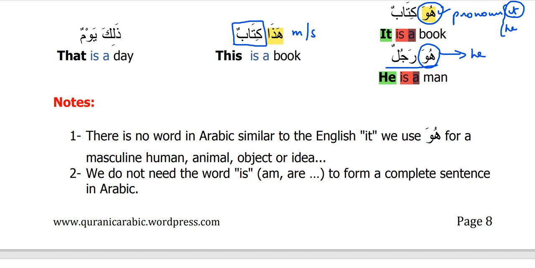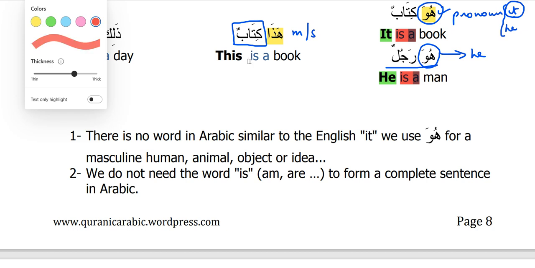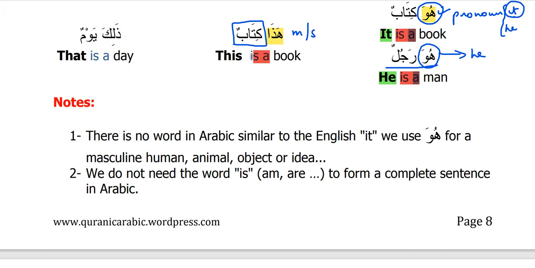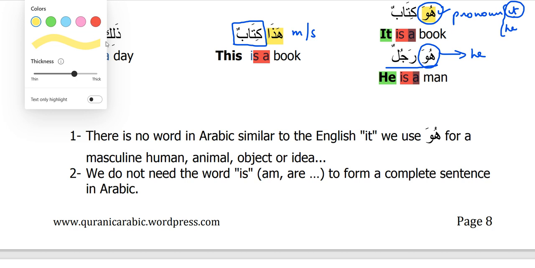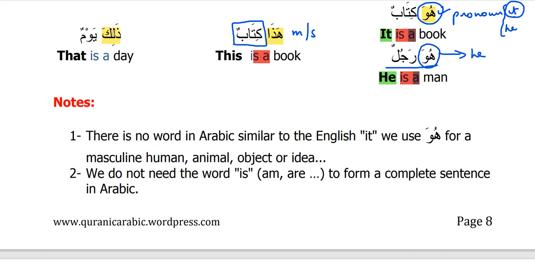As I told you, you cannot use is and a in Arabic. So keep in mind, when you are translating, you will put is a book, seeing if this is a nakira or a definite noun. And the other example here is dhalika. When you are using dhalika, you will see the noun is a male noun.